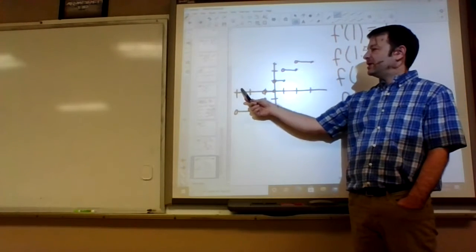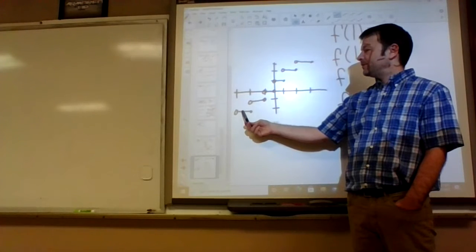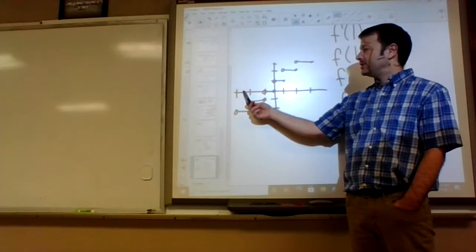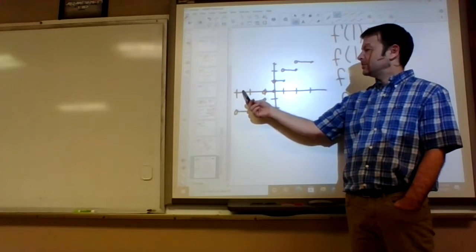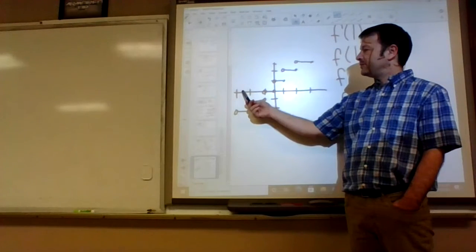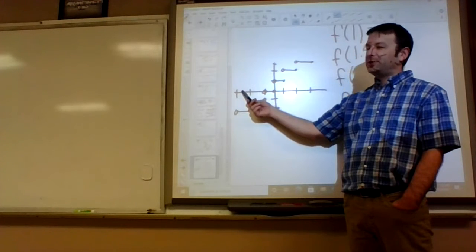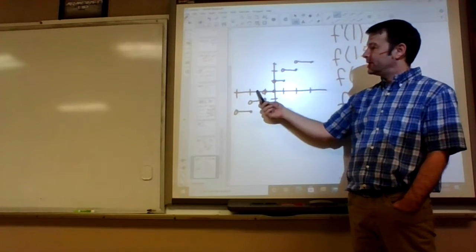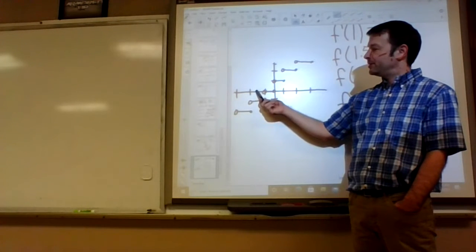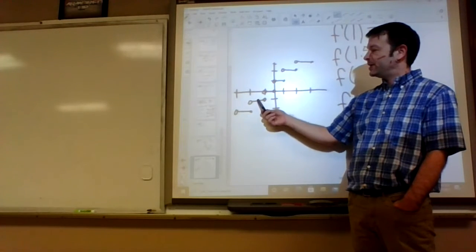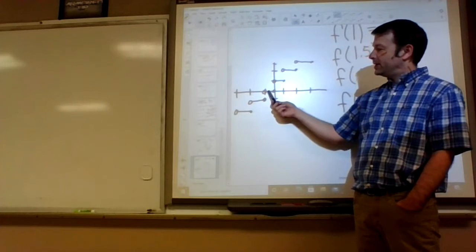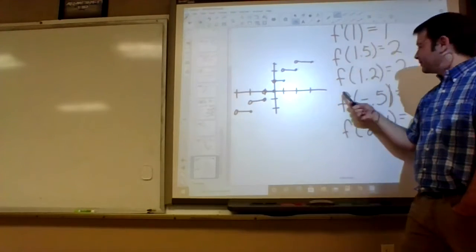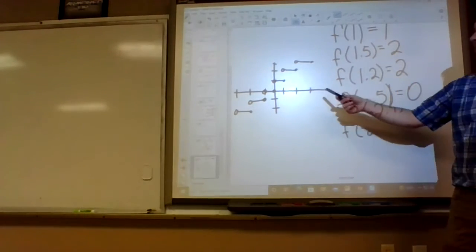Okay, you guys see negative 2.5 would be right here. Negative 2.5 should round up to negative 2. If I plug in negative 1.5, that should round up to negative 1. If I plug in negative 0.5, it should round up to 0.